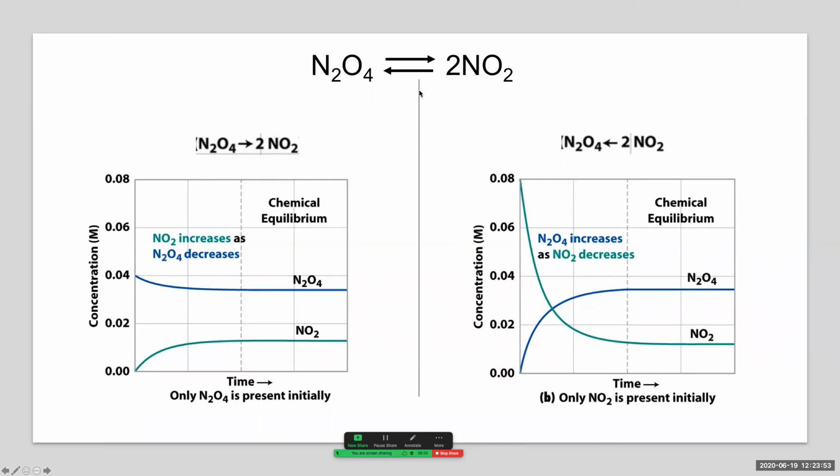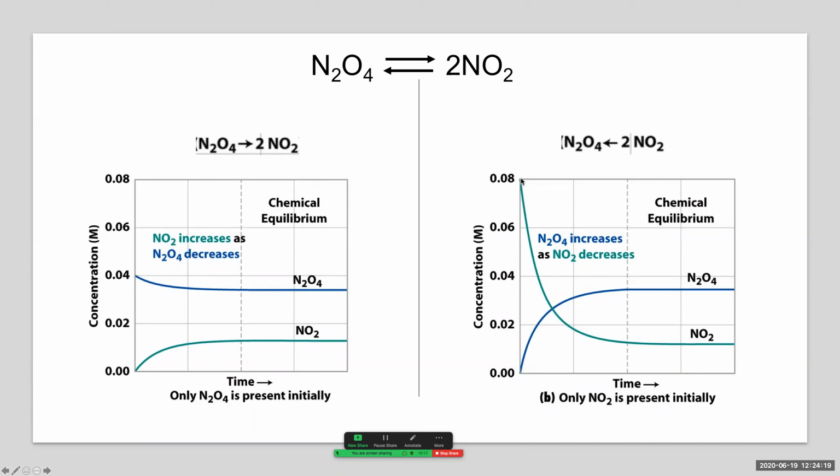Well, the stoichiometry says that there's twice as many NO2 as N2O4. So if we start with 0.08 moles per liter of NO2, if this reaction occurs to the same extent, we would say if it went to 100% N2O4, we'd end up with 0.04 N2O4, which is the same as shown on the left side.